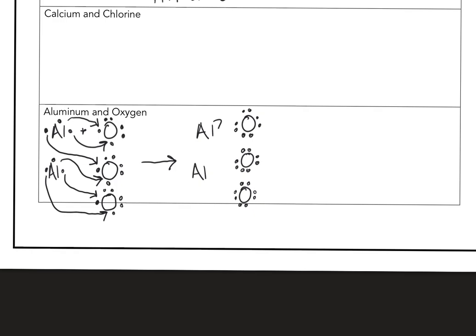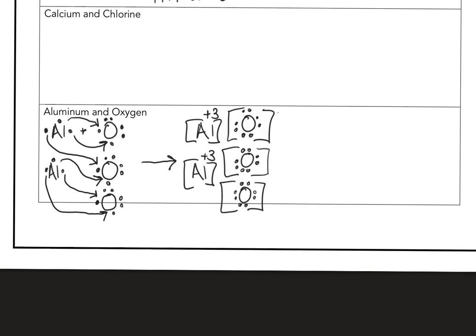And once I've done that, I put all of my ions in brackets. And my last step is to give them charges. So again, my metals will have a positive charge, and aluminum lost 3 valence electrons, so it will have a +3.